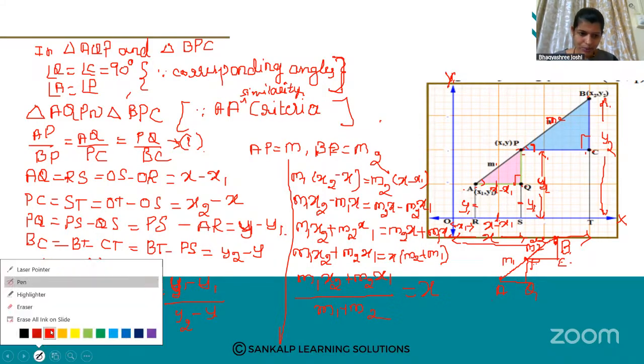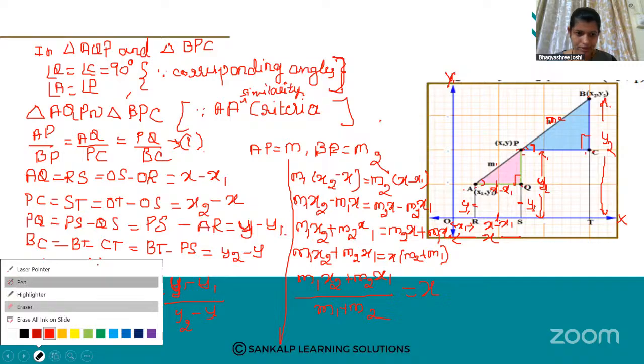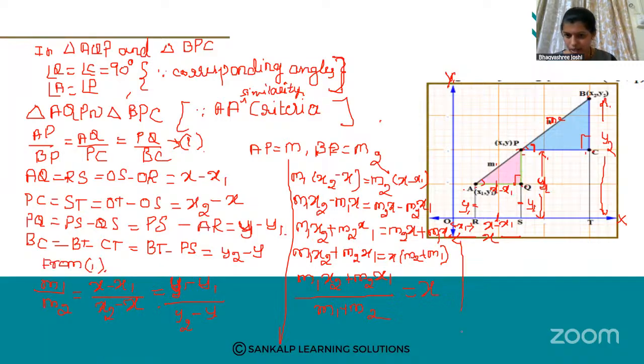Like that, let us do the same for Y. So here I will do M1 into Y2 minus Y, M2 into Y minus Y1.